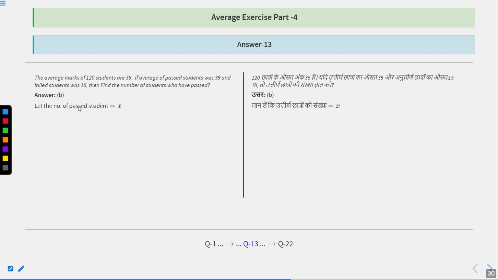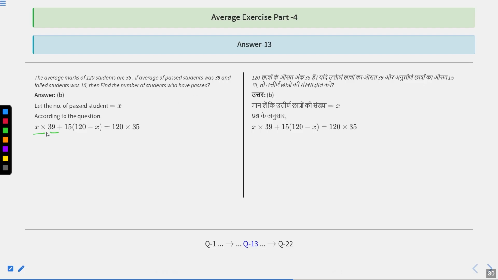The question says that the average marks of 120 students was 35. The average of passed students was 39, so let the number of passed students be x. So what will be the number of failed candidates? It will be 120 minus x. The passed students' average is 39, so we can write x into 39.